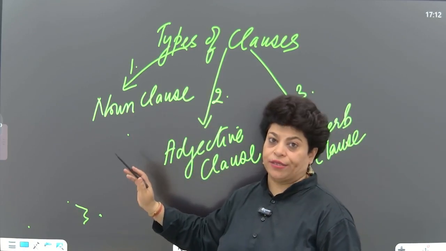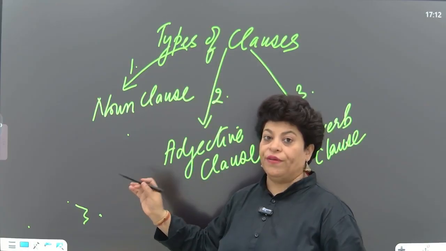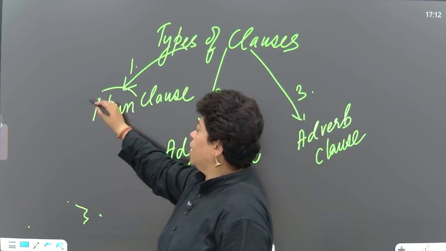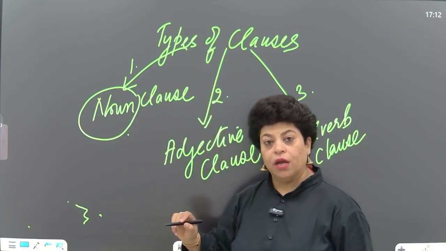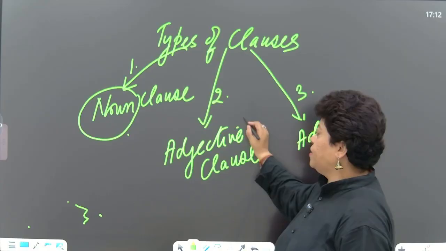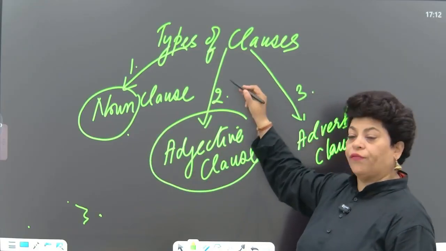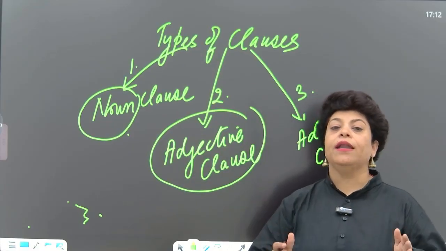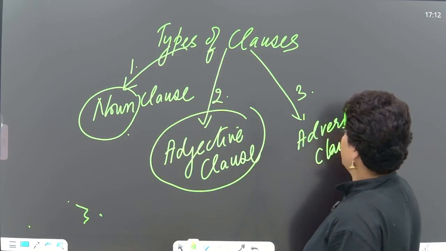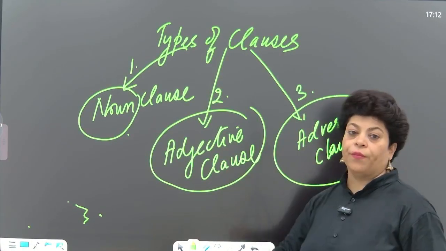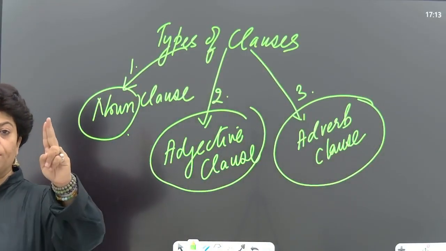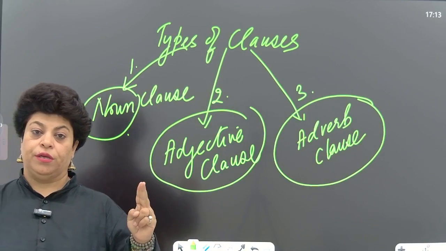As the name suggests, a clause which acts like a noun is called a noun clause. A clause which acts like an adjective is said to be adjective clause, and a clause which acts like an adverb is said to be adverb clause. So three of them make a difference. One by one we are going to talk about this.